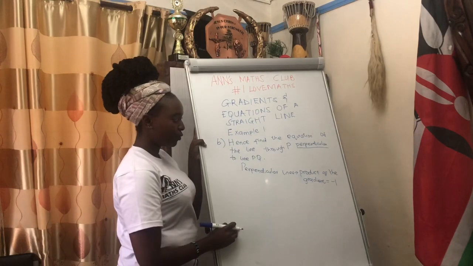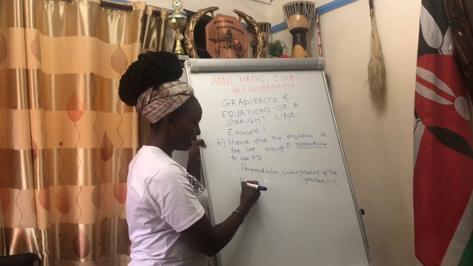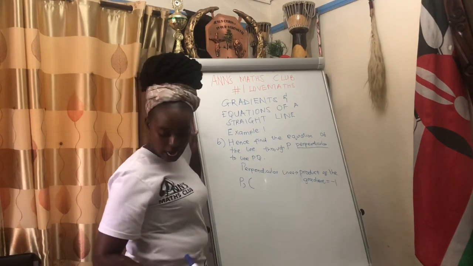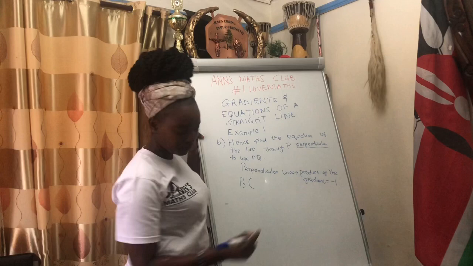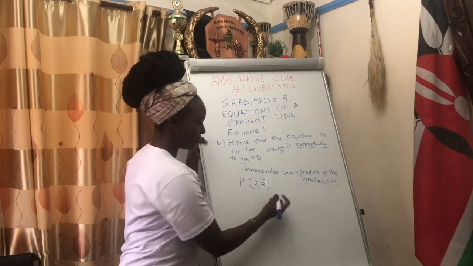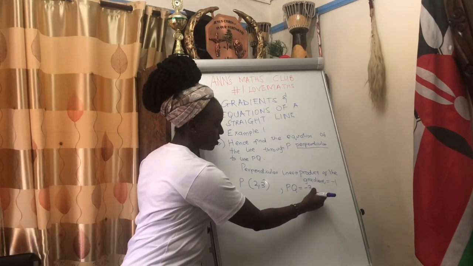So you've been asked to find the equation of the line through P. In our equation, P had the coordinates 2 and 3, and in our previous equation, the gradient for PQ was negative 3 over 2.